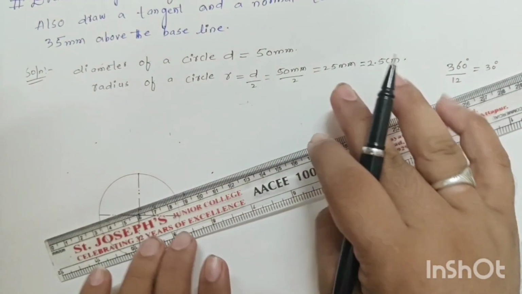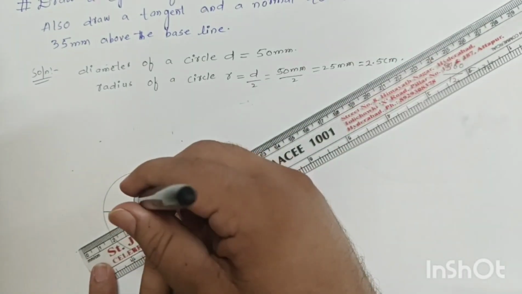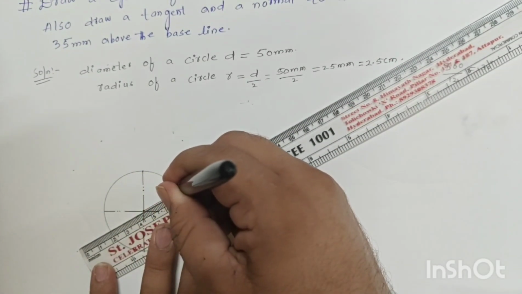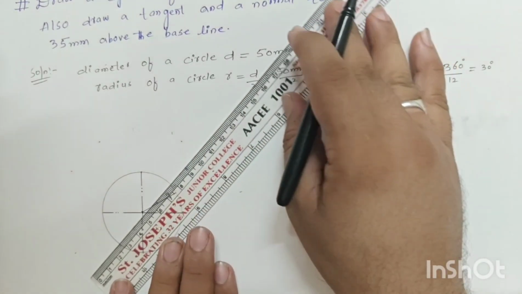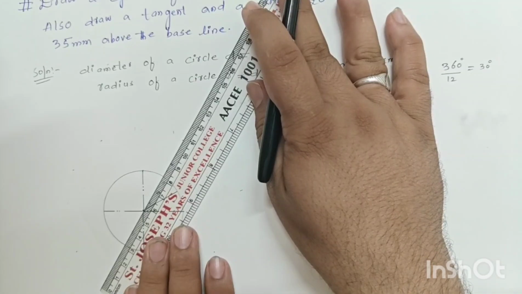Just join this point. 30 degree and here 60 degree.